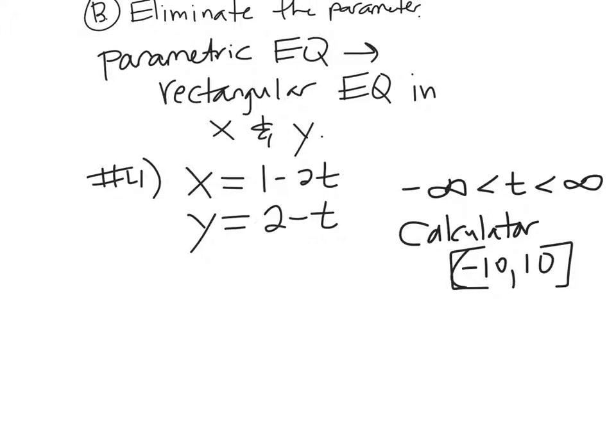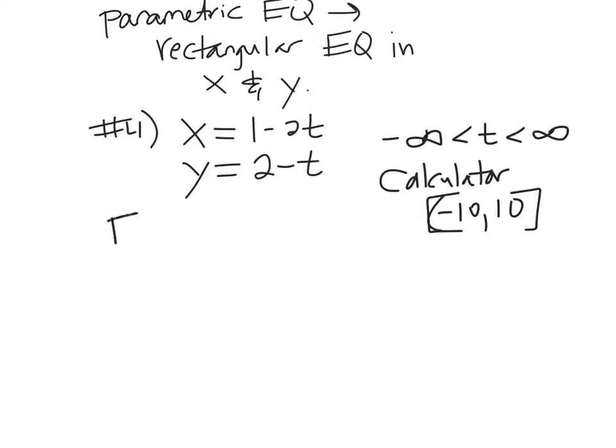Okay, so now we're going to eliminate the parameter. Eliminate t. We're going to make this into just our regular Cartesian equation. So this is what you want to do. You want to solve for t for one of them. It really doesn't matter which one you solve for.